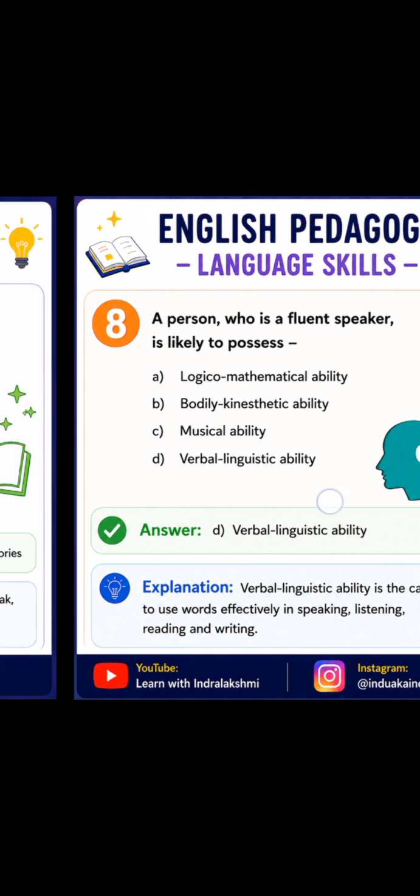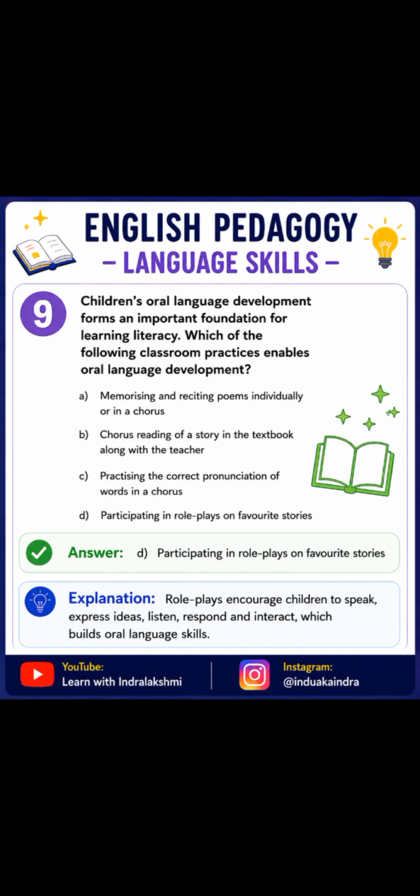Question number 9 says, children's oral language development forms an important foundation for learning literacy. Which of the following classroom practices enables oral language development? Option A, memorizing and reciting poems individually or in a chorus. Option B, chorus reading of a story in the textbook along with the teacher. Option C, practicing the correct pronunciation of words in a chorus.